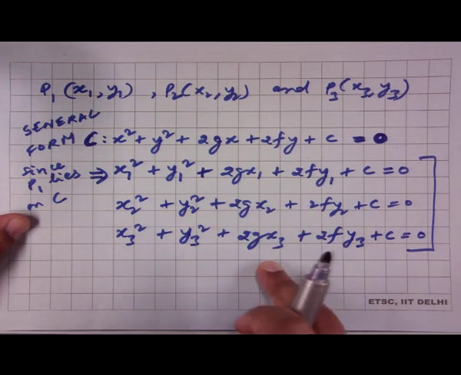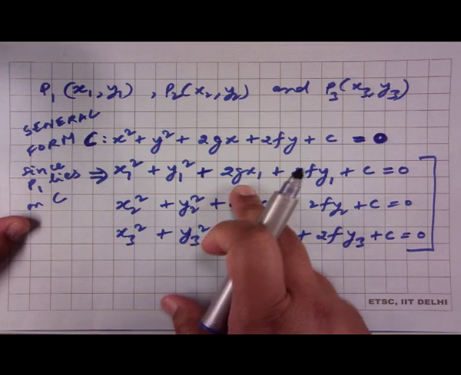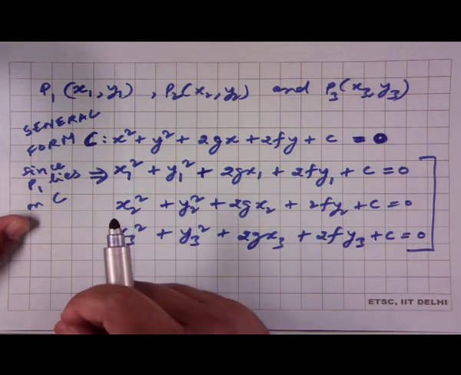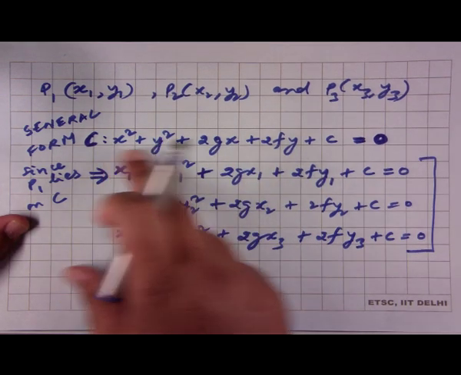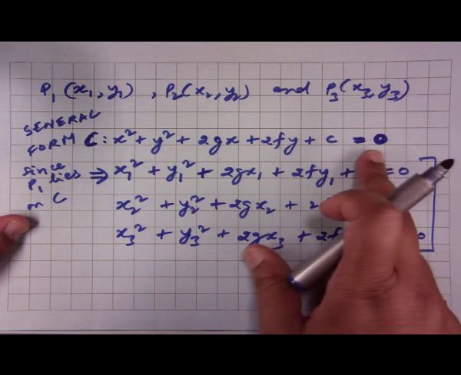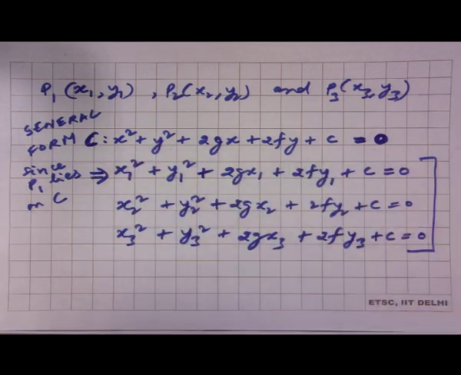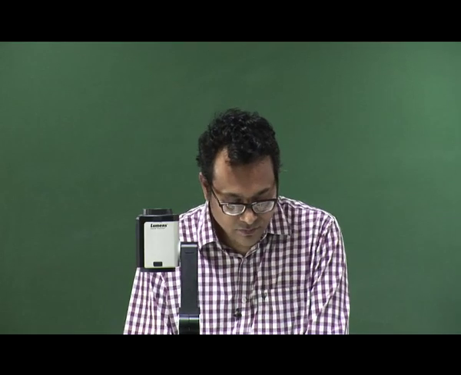So, on solving, we will get the values of G, F and C, and when we put these values back in this equation, we get the complete equation of the circle in the general form.